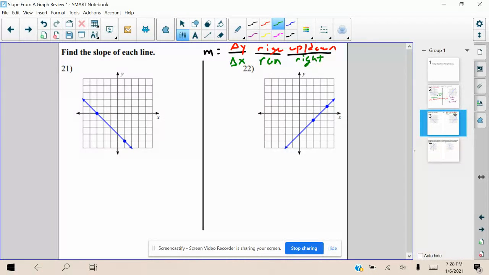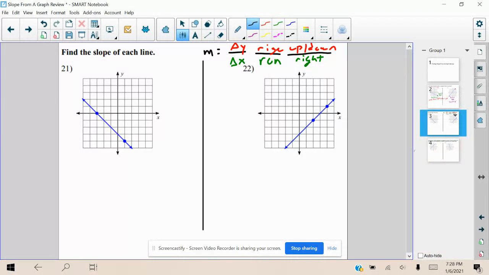And we always want to think about going to the right. Just like we're reading a book, we read it from left to right. Sure, there might be some instances where we can go left, but we always want to read to the right because we know going right on the x-axis is a positive value. So we want to stay as positive as possible. So let's try to calculate the slope of each line.